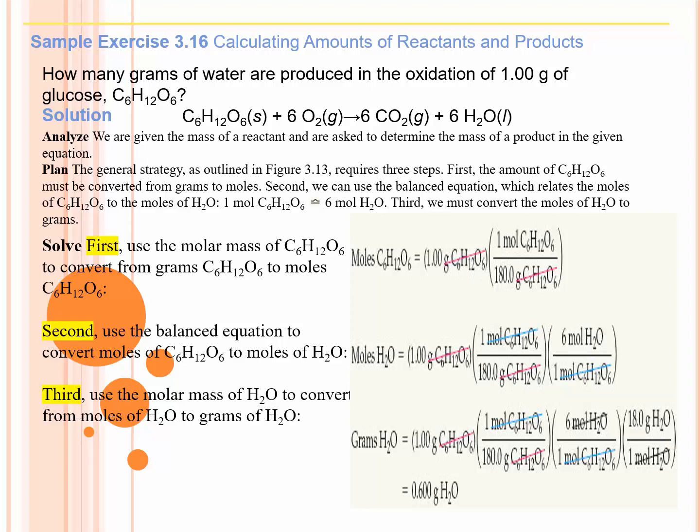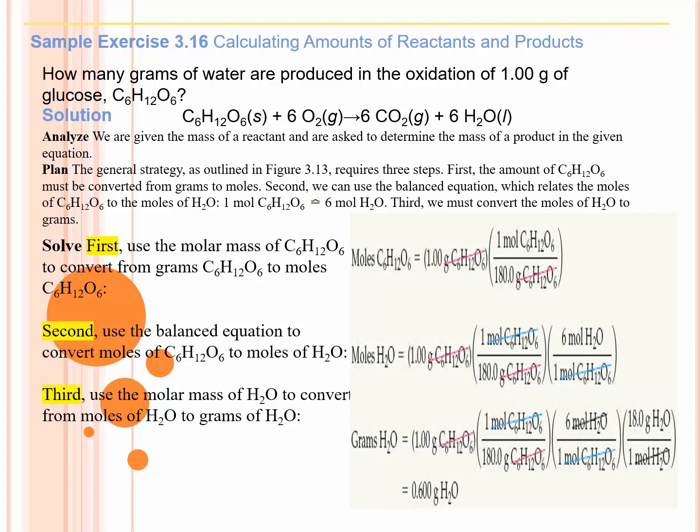So, first of all, as I said before, 1 mole of glucose is stoichiometrically equivalent to 6 moles of water, as we said on the last slide. So now, first step, use the molar mass of glucose to convert from grams of glucose to moles of glucose. Here you see, times 1 over 180.